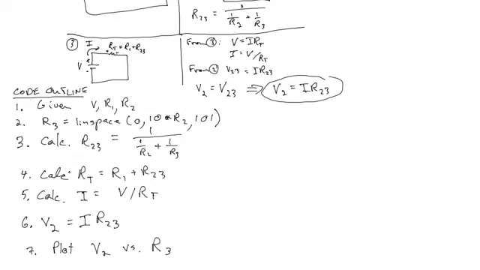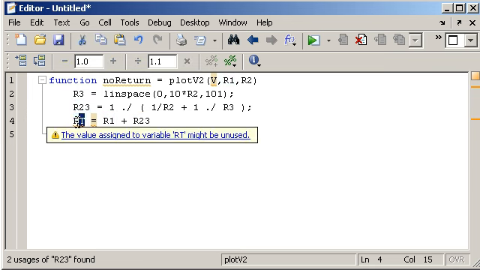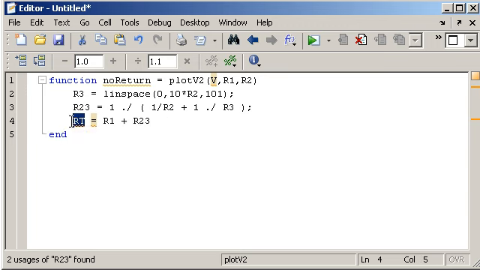Next, RT. RT equals R1 plus R23. Okay, this is going to add the value R1 to each element of array R23, gives us 101 values of RT. That shouldn't be a problem. So R1, R23.